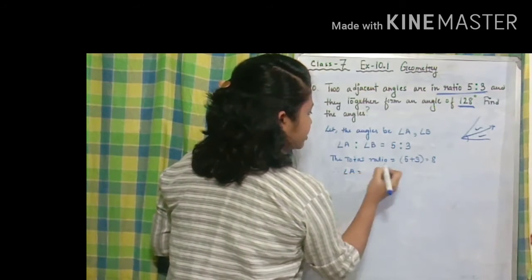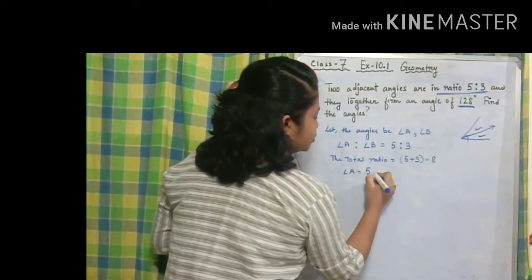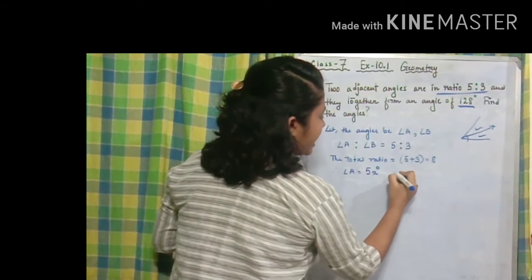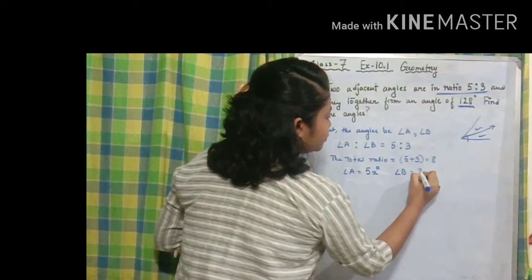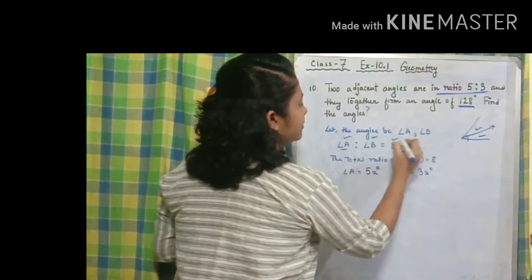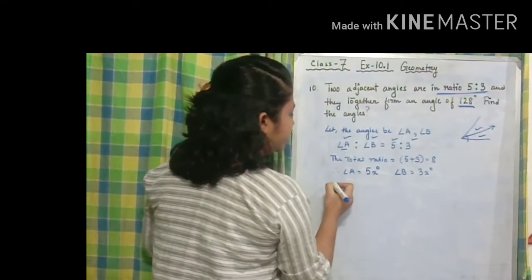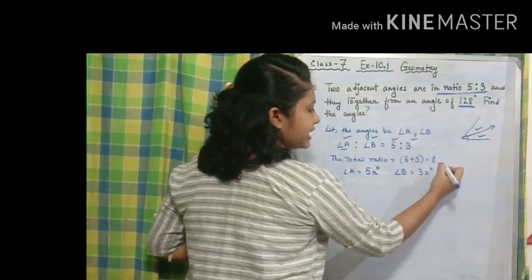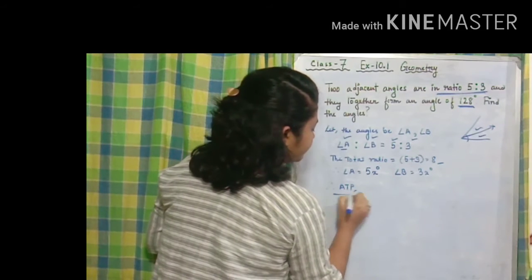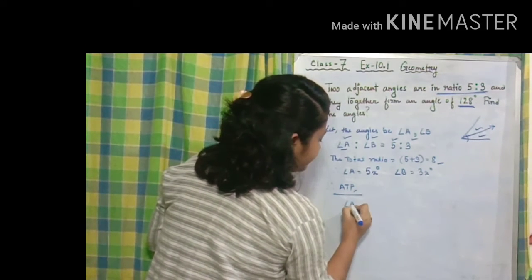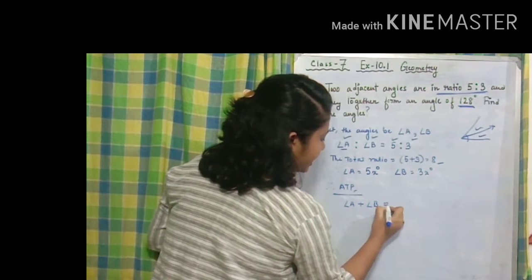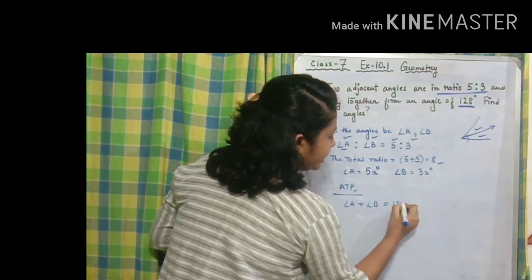Now, we can say that angle A equals, we don't know the angle exactly. So, we are going to take angle A as 5x degree and angle B as 3x degree. Okay. Angle A corresponds to 5, angle B corresponds to 3. Therefore, according to the problem, as they are adjacent angles, we can say angle A plus angle B equals 128 degree.